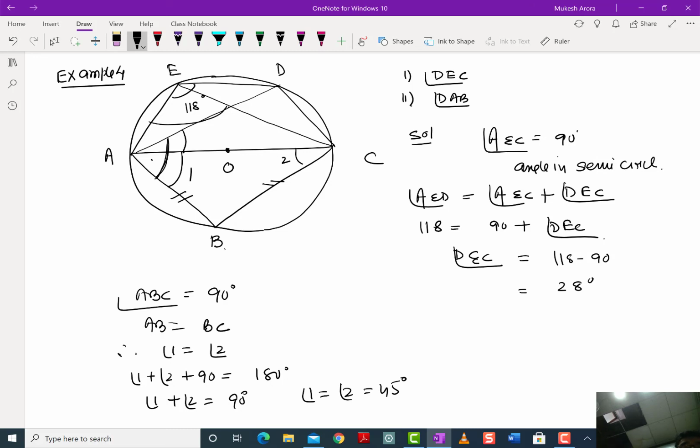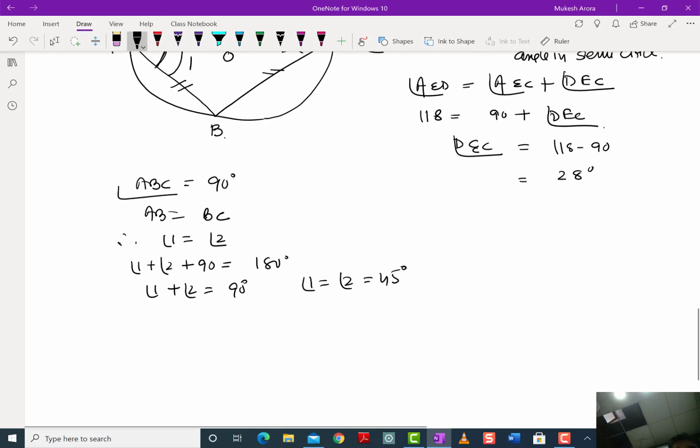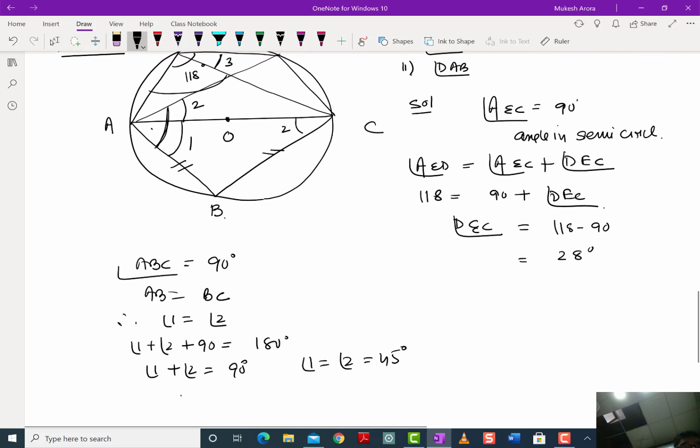We have to find this. And this is 28. Angle 3 and 2, and angle 4.